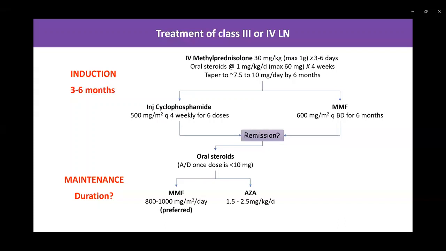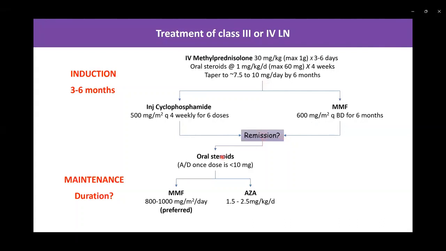Induction includes pulses of IV methylprednisolone at a relatively high dose for the initial 3 to 6 days, followed by oral prednisolone started at a maximum of 1 milligram per kg per day and tapered off to the minimum possible doses by the end of induction. And this is followed by IV cyclophosphamide, 6 doses given every 3 to 4 weeks, or MMF at 600 milligram per meter square twice a day for 6 months.